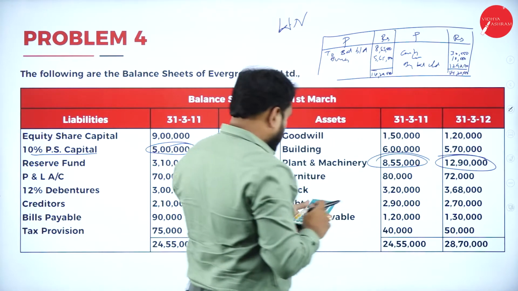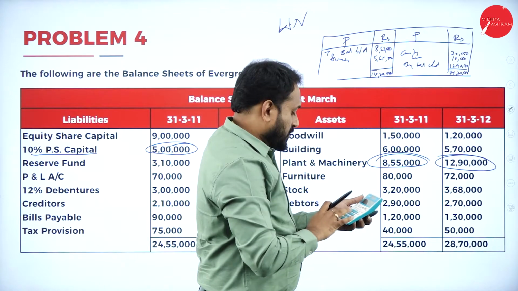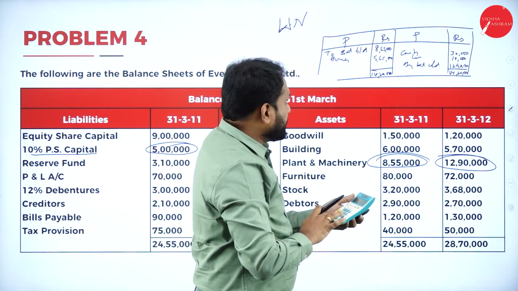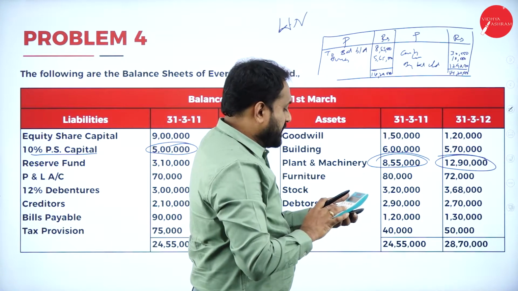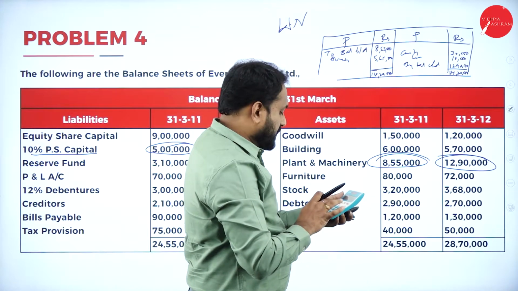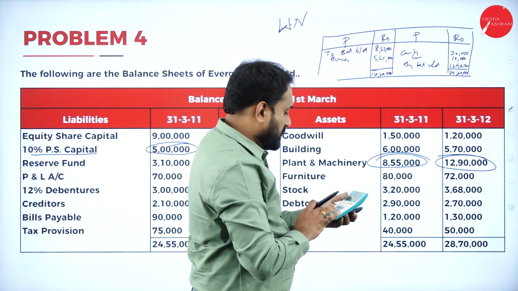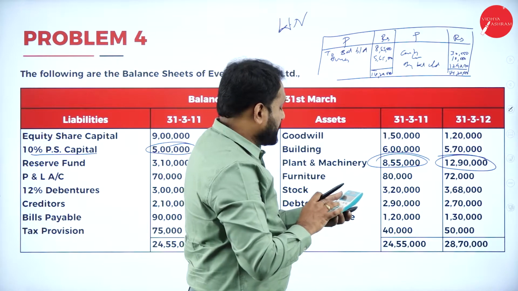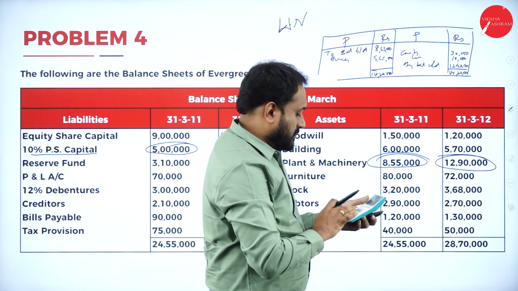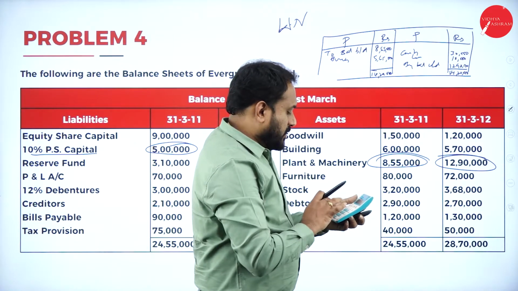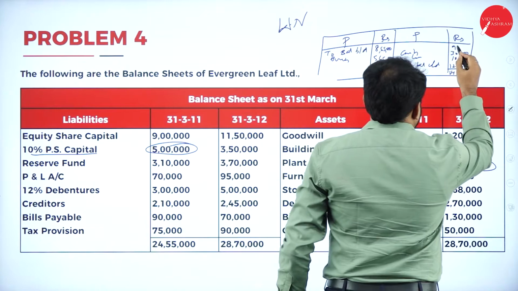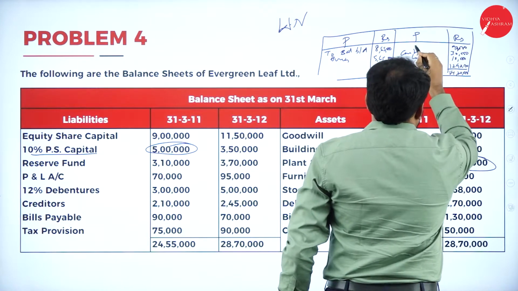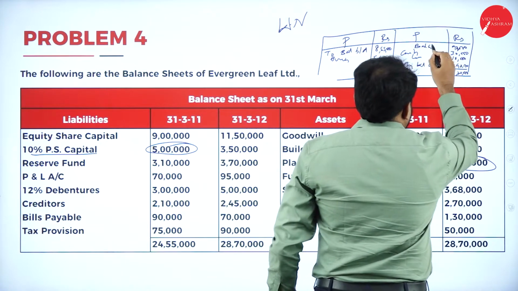Now subtract this: minus 12,90,000, minus 30,000, minus 10,000. So you got 90,000. So this 90,000 is what? 90,000 is your balance.